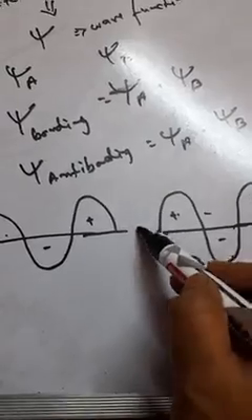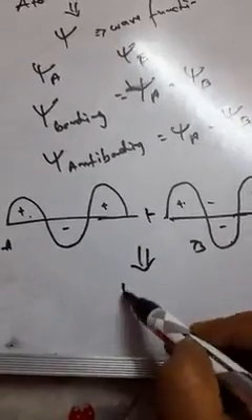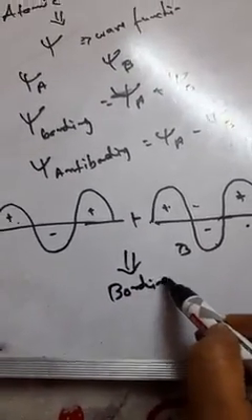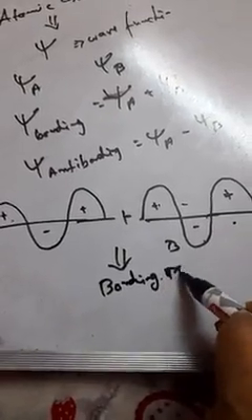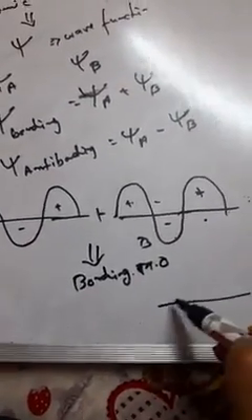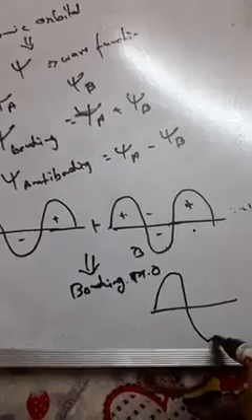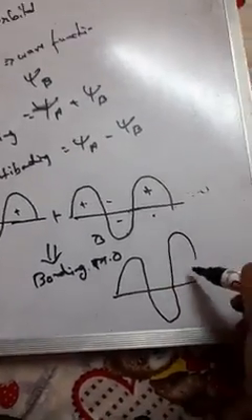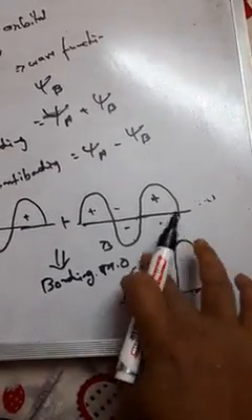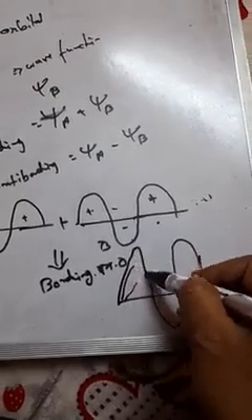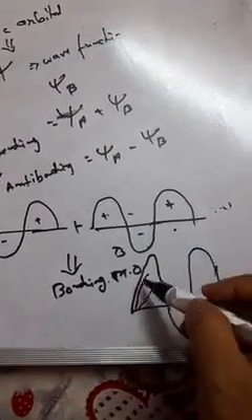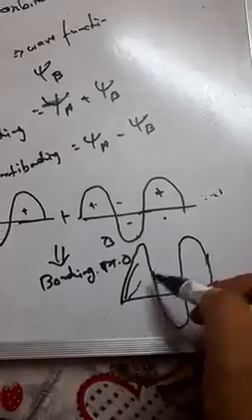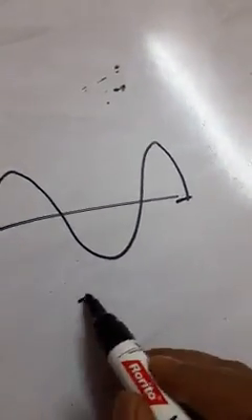So in this case, it will result in a bonding molecular orbital, and overall it will be like this. The overall crest is increasing as they are falling in phase.